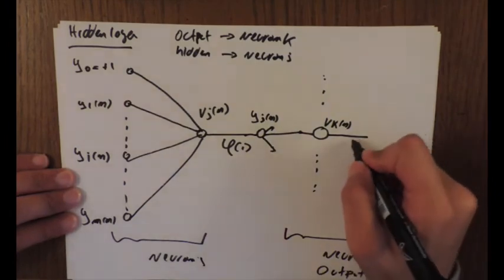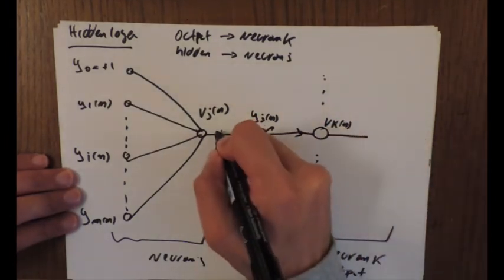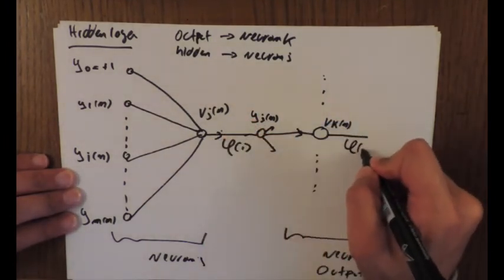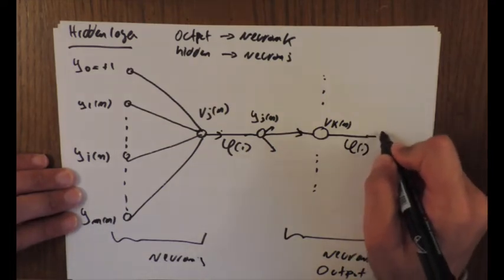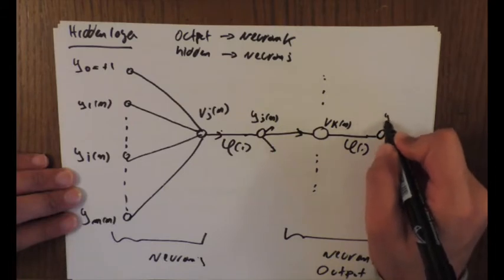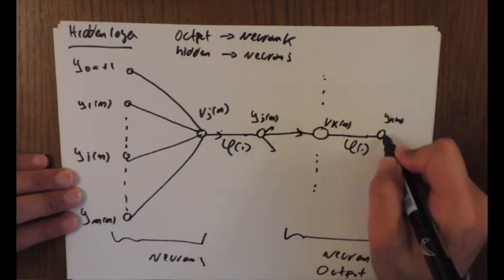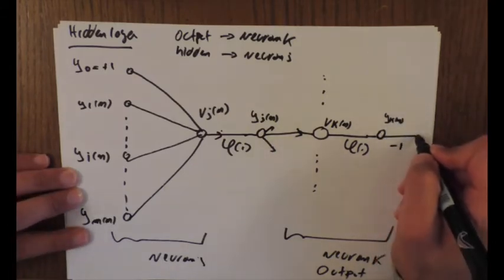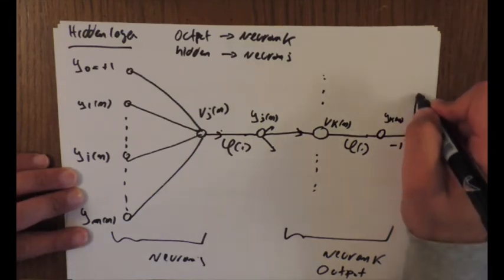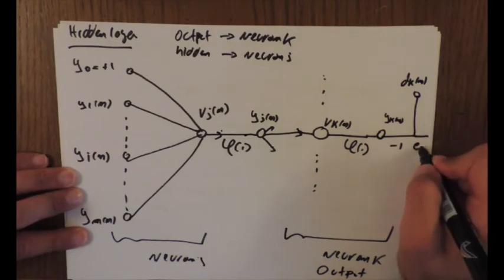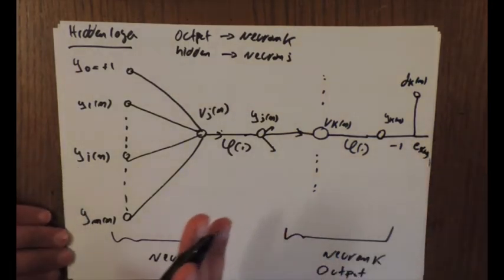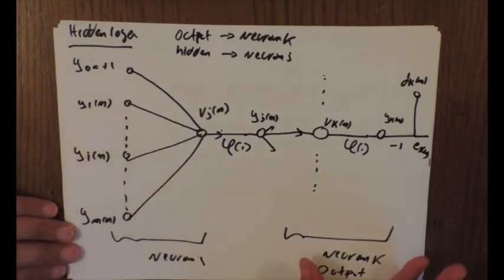Of course we apply the activation function, and here we have yk of n, apply -1 with respect to the desired value at n, and then we get the error signal ek of n. So here we notice that we have the hidden layer neuron j, and we have the output neuron k.